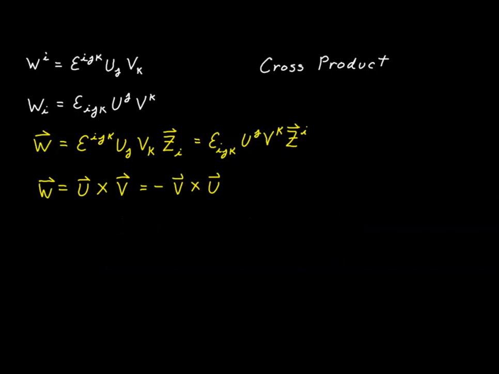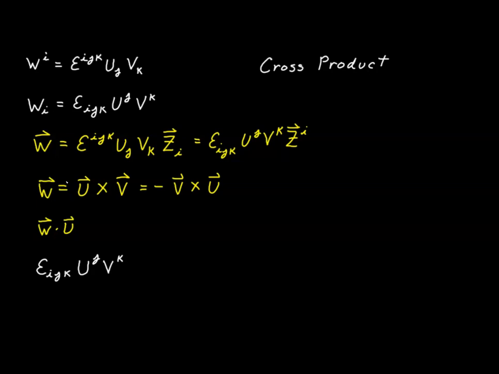All right, moving on, let's see what it means to take the dot product between w and vector u, like this. Now to do that, we would start with our expression for the cross product, as we have shown it up here.